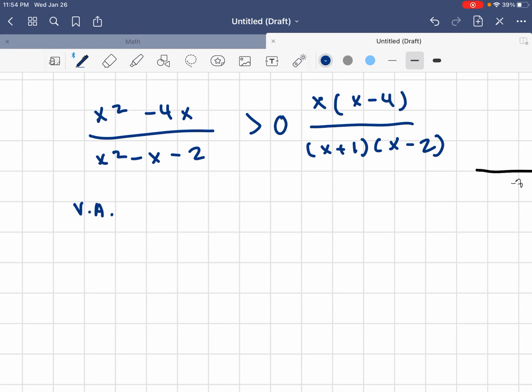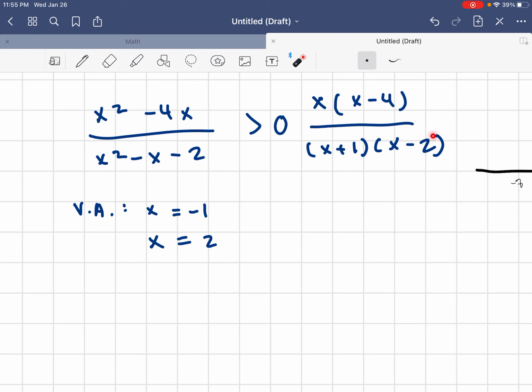But anyways, vertical asymptote, we're going to solve for the bottom. So it's just going to be negative 1 and 2. Okay, so what I did basically is I looked over here and we know x plus 1 is 0 at negative 1, so we know that's one of our solutions for our vertical asymptote.